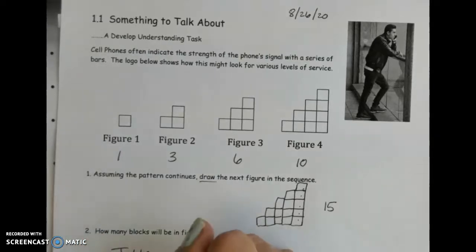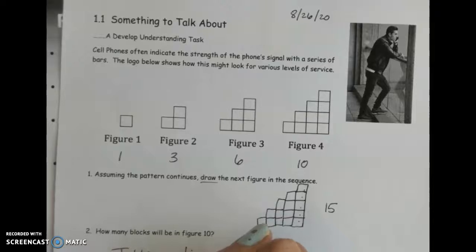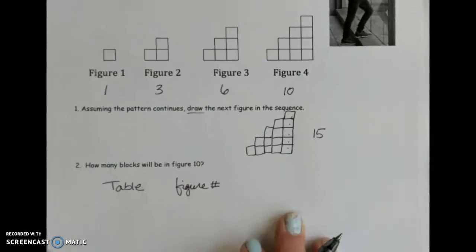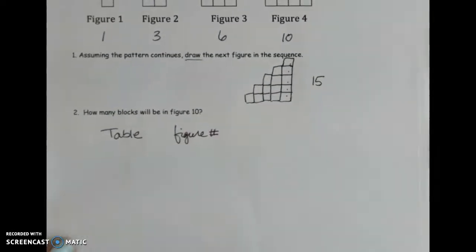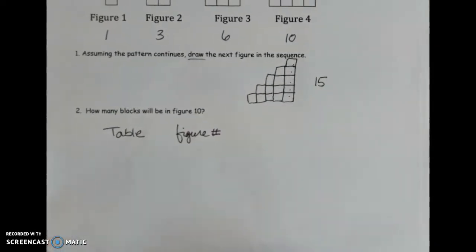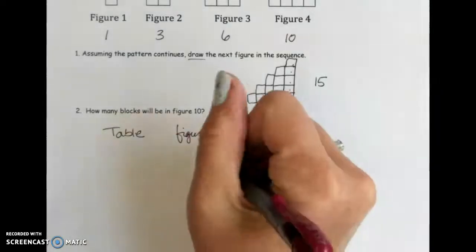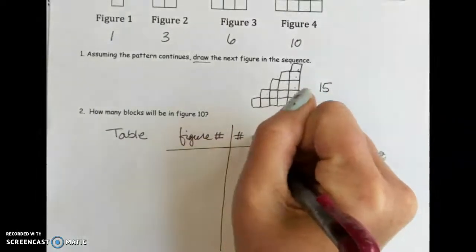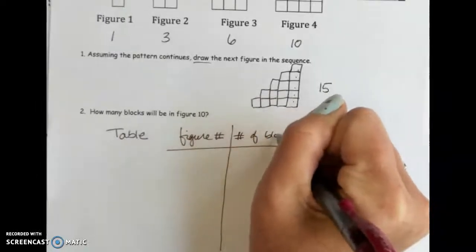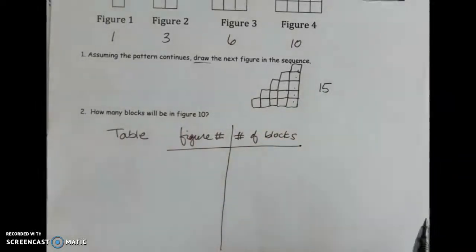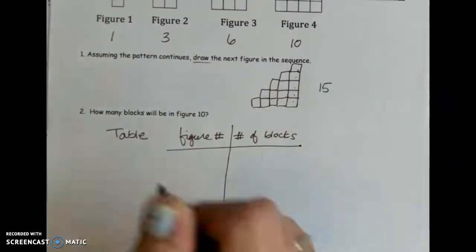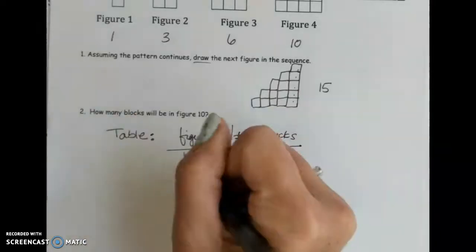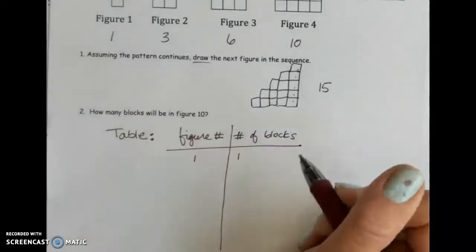Okay, so then our table, we'll call it the figure number, and the number of blocks. In figure 1, we had 1 block.